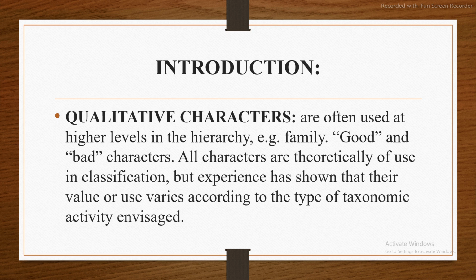Good and bad characters. All characters are theoretically of use in classification, but experience has shown that their value or use varies according to the type of taxonomic activity which is envisaged.